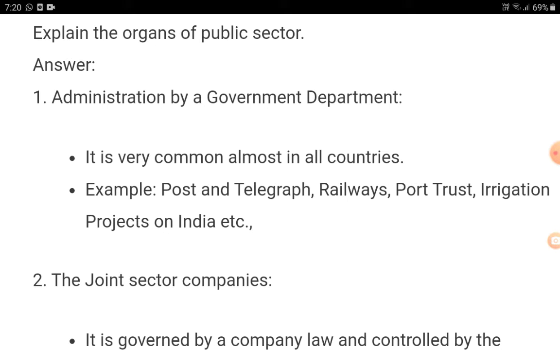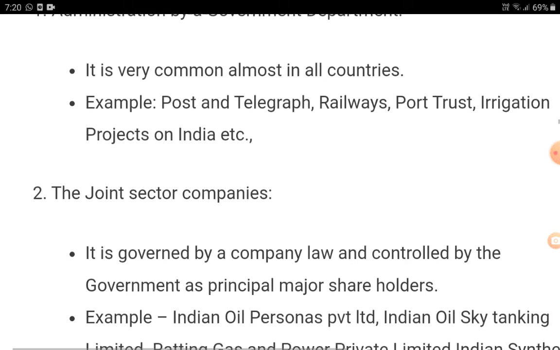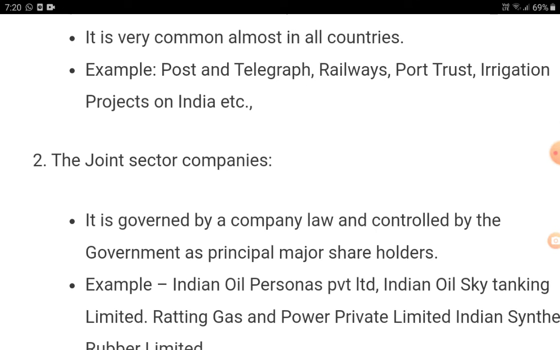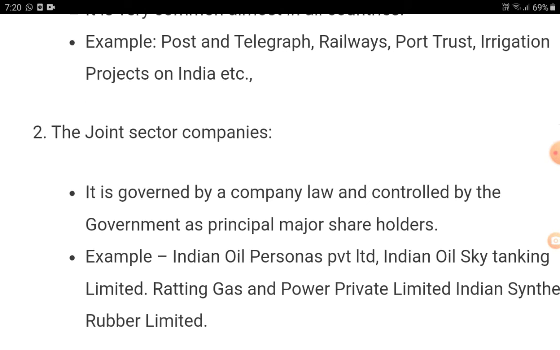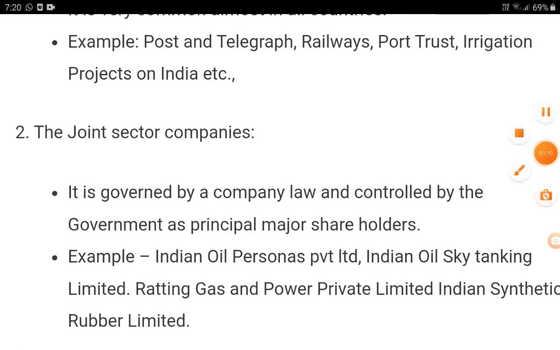Second one, the joint sector companies. It is governed by law and controlled by the government as principal major shareholder. Example, Indian Oil Petronas Private Limited, Indian Oil Skytanking Limited, Petronet Gas and Power Private Limited, Indian Synthetic Rubber Limited.